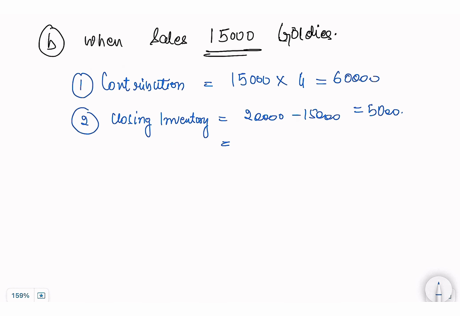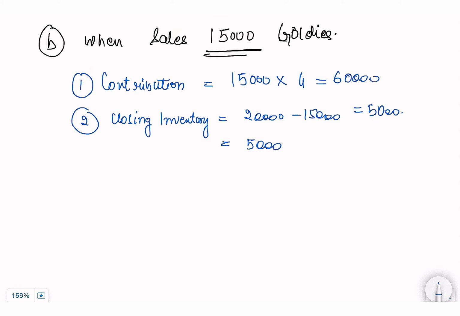Now the 5,000 closing inventory is the remaining, and then multiplied by, wait, what is the unit of the closing inventory? This is the closing inventory unit, 6 per unit, okay? 6 per unit. It's going to be 30,000, okay?